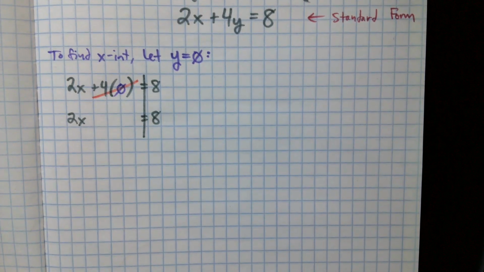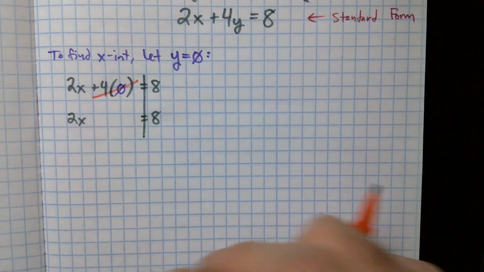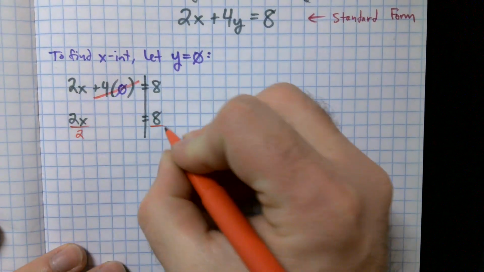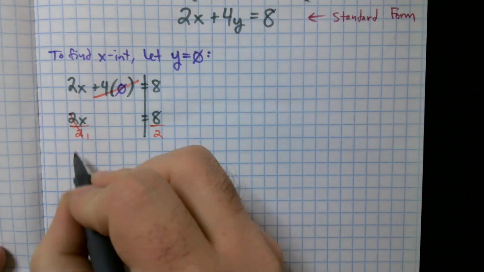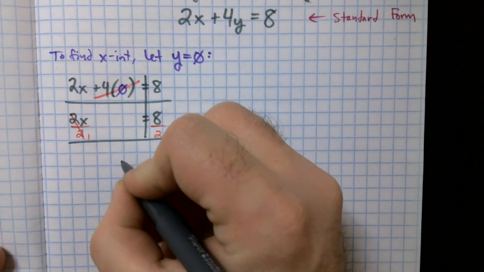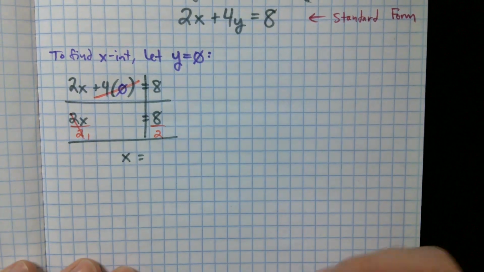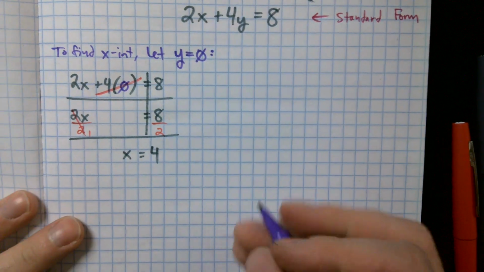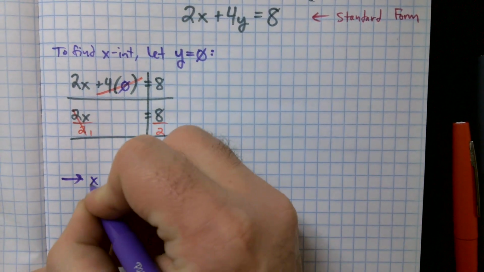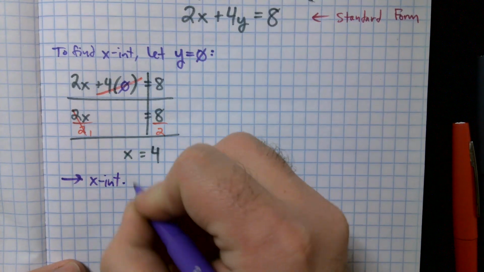Well, how can I get x all by itself now? Divide both sides by 2. Leaving me with x equals, what's 8 divided by 2, everybody? 4. So I have an x-intercept at the point.